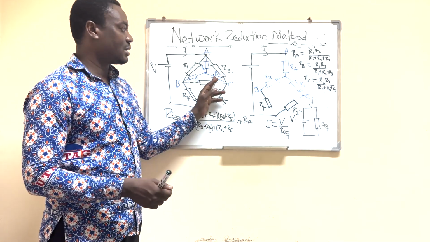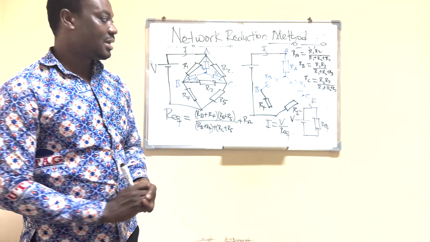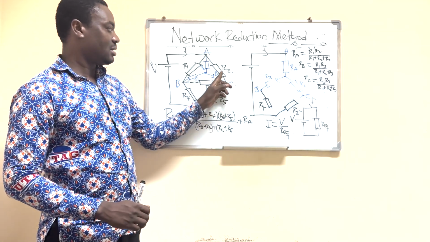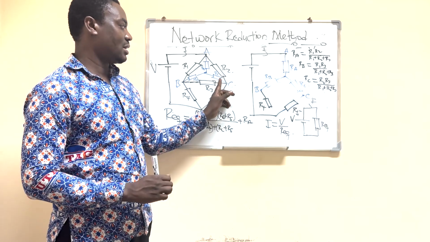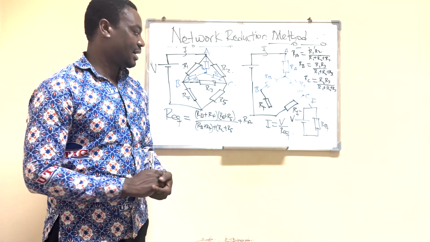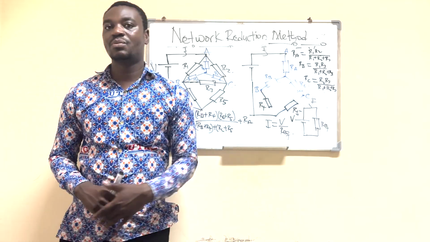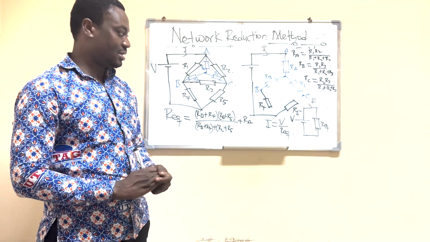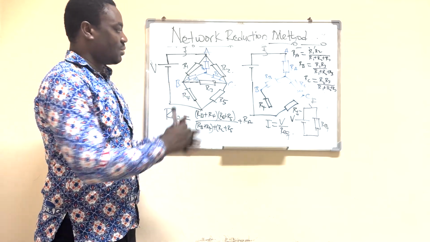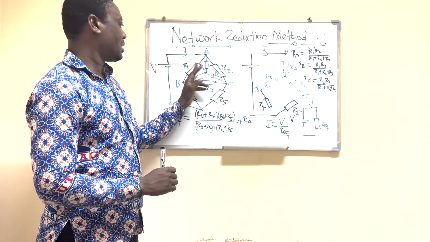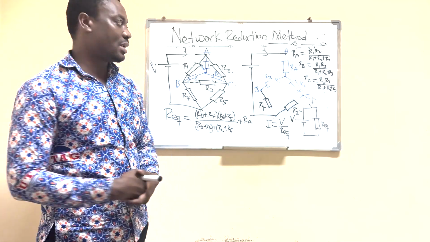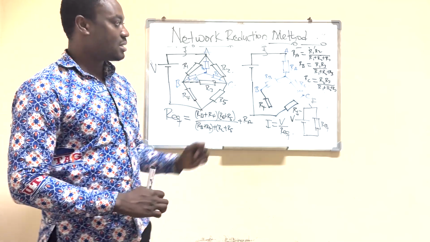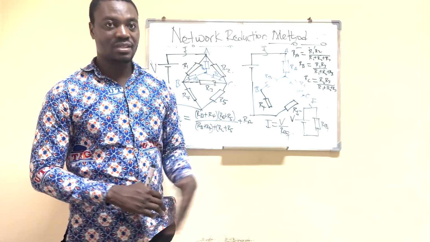And then the last one, the same procedure, we have RC: the product of the delta network resistances adjacent to RC, that will be R2 times R3, and then over the sum of the delta network resistances. Once we are done, we erase the delta network resistances because we have transformed it to our Y network.